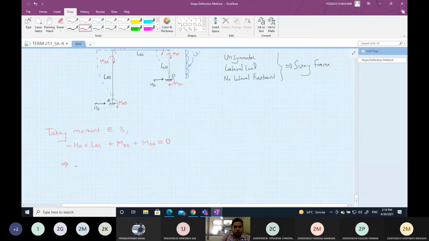So this implies HA is equal to MAB plus MBA whole divided by LAB. Mark this as number 1.